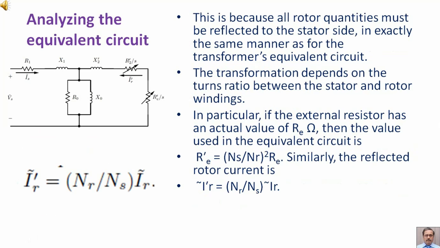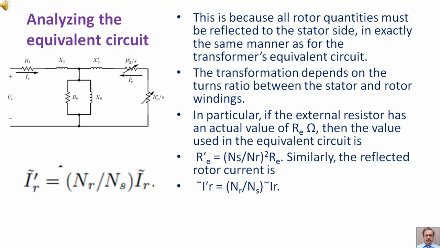This is because all rotor quantities must be reflected to the stator side in exactly the same manner as for the transformer's equivalent circuit. The transformation depends on the turns ratio between the stator and rotor windings.